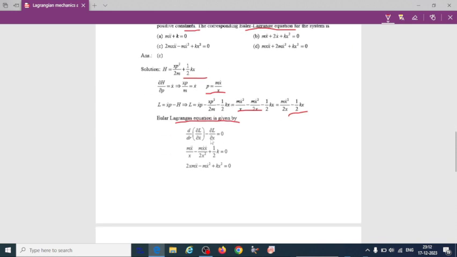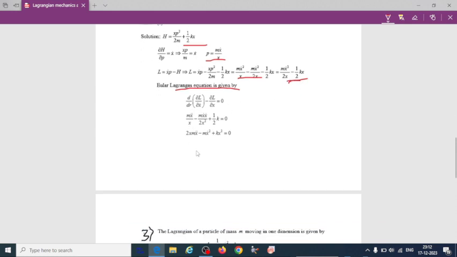Then if we take the derivative of L with respect to x dot inside the bracket, you can see, then with respect to x dot and x, you have to derive the Lagrangian. Then you will get the Euler-Lagrange equation here.